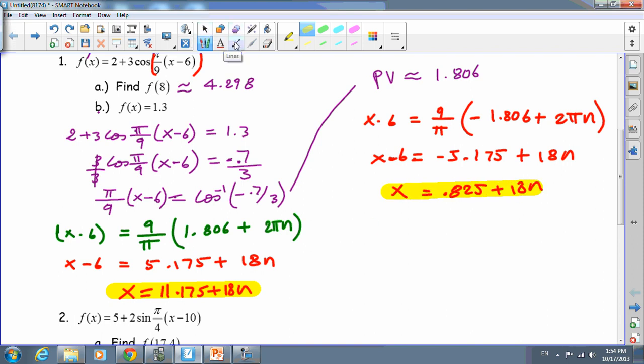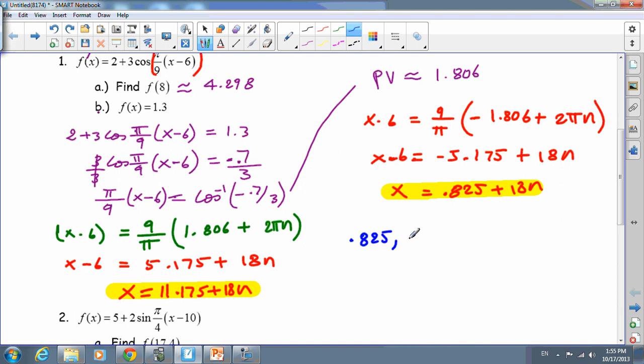All right, let's go ahead and find the first three positive solutions. You can go ahead and plug in values here and plug in values here, but I've got a way to show you. I will plug in 0 here and plug in 0 here. The first two solutions so far: 0.825 is the first one because that's the smallest positive.